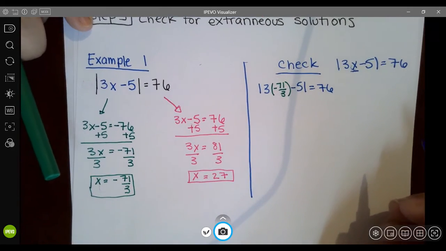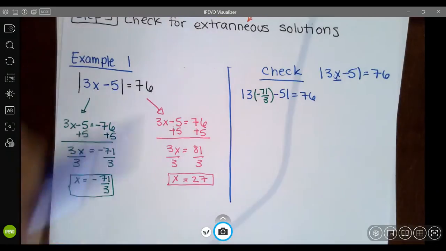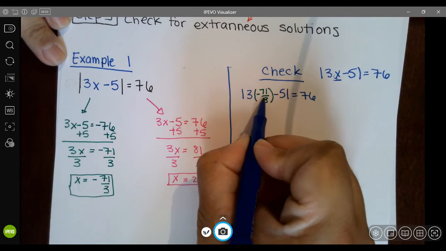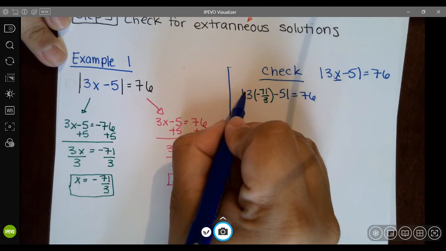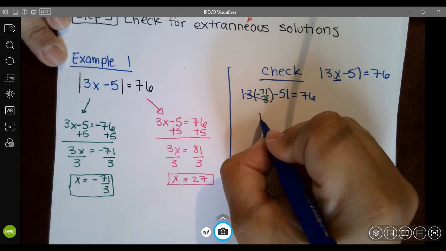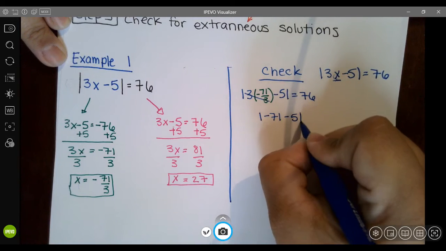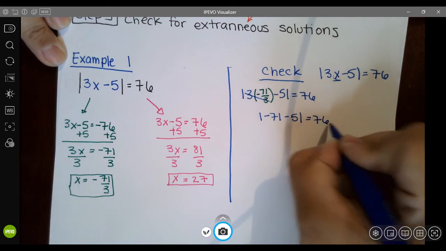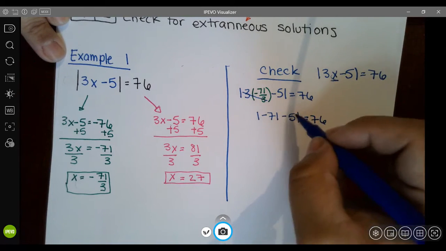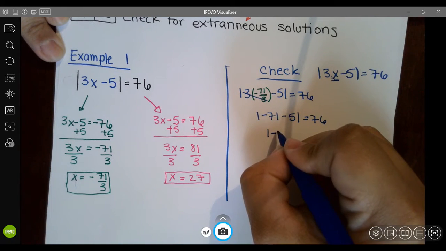It should be a little better. Okay, so now I'm going to go ahead and continue to simplify it. So I know that when 3 is multiplied and we have a 3 in our denominator, I can go ahead and cancel these out. So I am left with absolute value of negative 71 minus 5 equals 76. And when I add my negative 71 minus 5, I'm going to get negative 76.